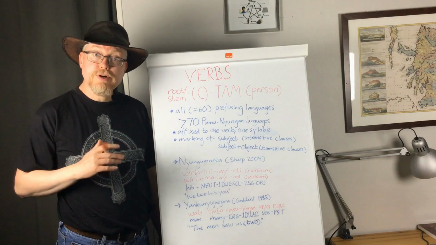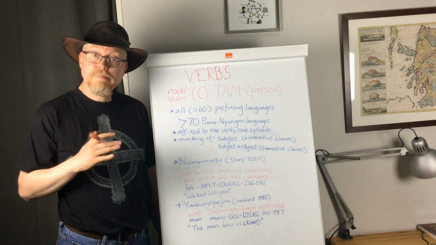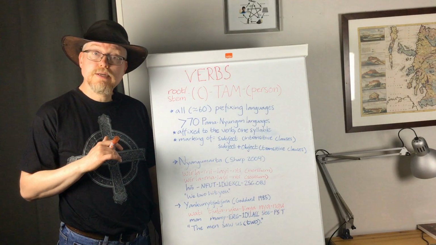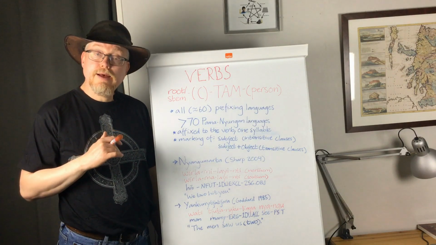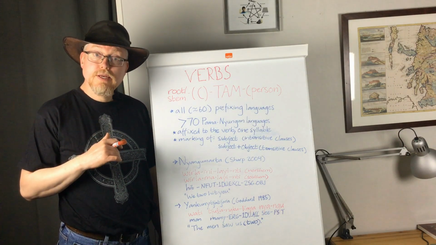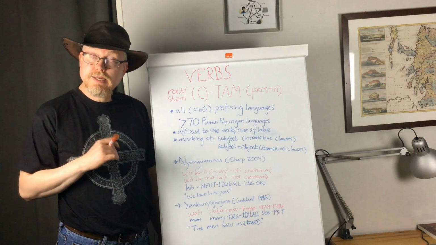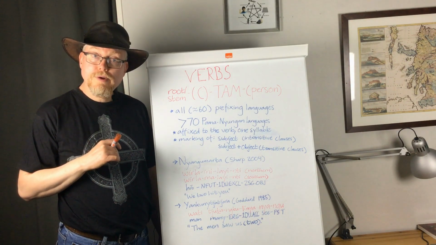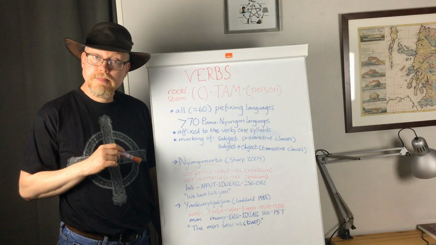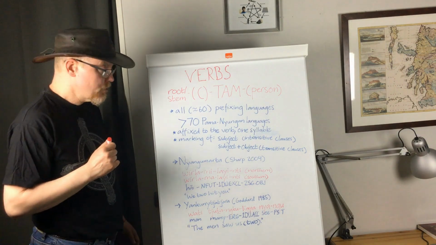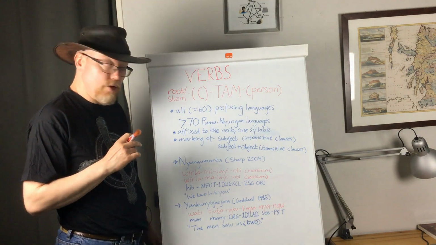So in German, for example, we have ich habe, du hast, es, sie hat. I have, you have, he, she, it has. So the sounds at the end mark the person. So that's what this is all about.